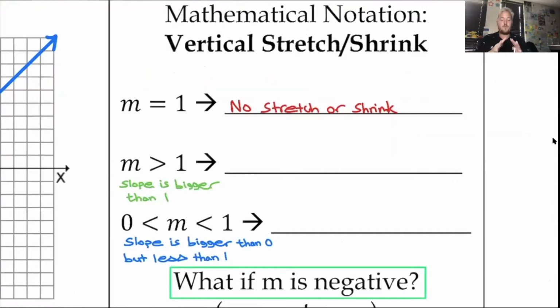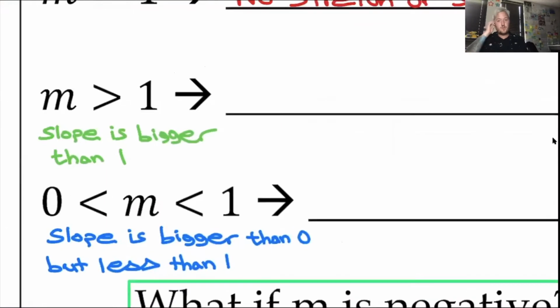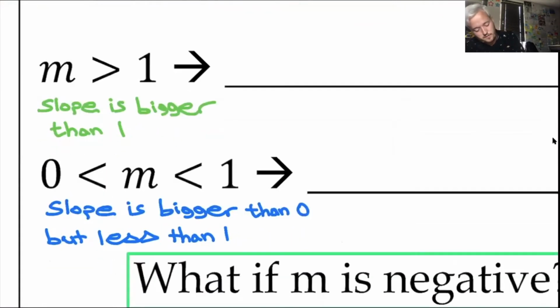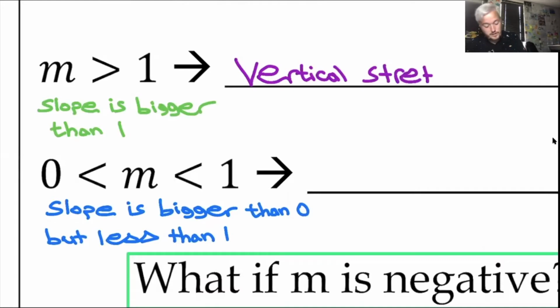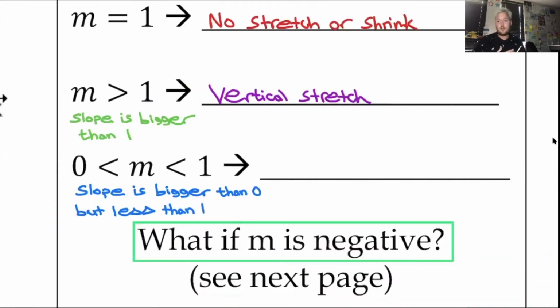So if your M value is 1, if your slope is 1, then there's just no change. However, down here, if your M value is bigger than 1, that means we are going to have a vertical stretch. And yes, there is such a thing as a horizontal stretch, but we're not going to worry about that. We're going to let Algebra 2 worry about that.